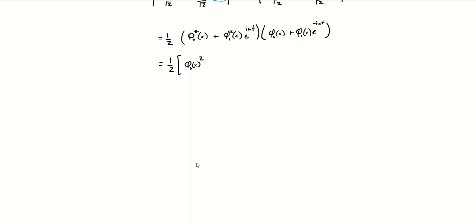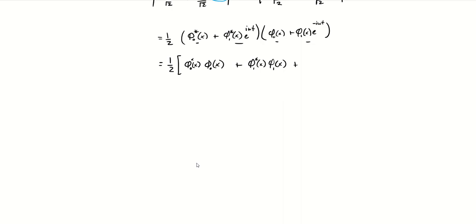Let me write this out in full and add a little more detail. So the complex conjugate times φ0(x), plus the same thing for 1. That's this term times this term, plus this term times this term.